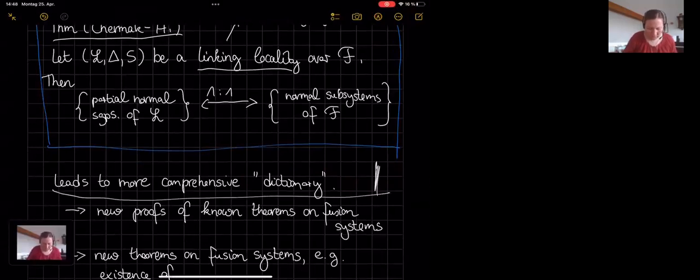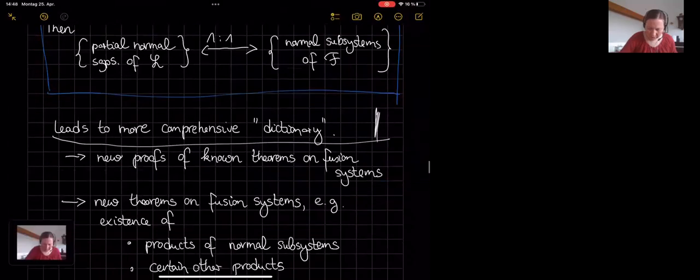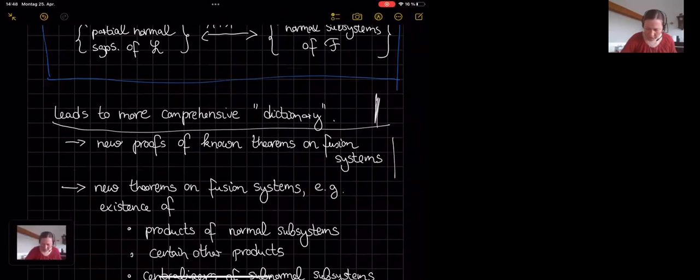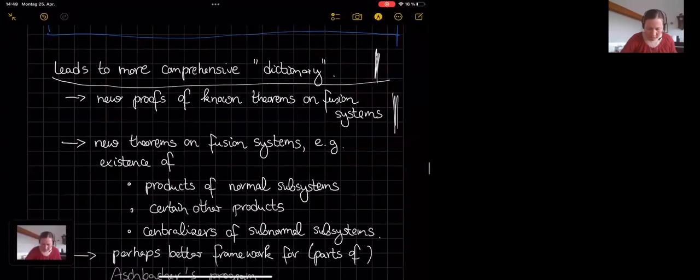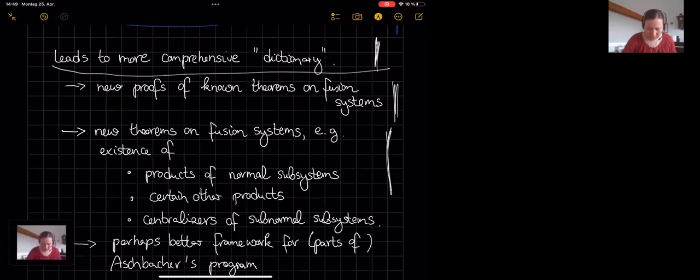So why is this interesting? First of all, we get new proofs of known theorems on fusion systems, but we also get some new theorems on fusion systems. For example, we can now define products of two normal subsystems or several normal subsystems, which before was only done in very special cases by Aschbacher.